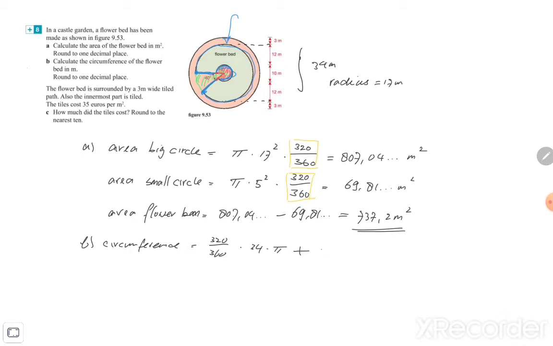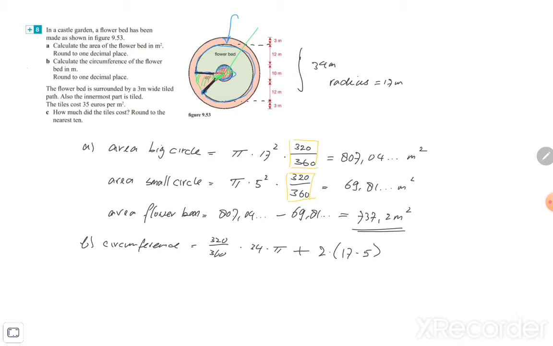So that's 2 times 17 minus 5. Now why 2 times? Because we have 2 of those lines. The radius was 17 meters. If we subtract that small radius inside my circle there, then it is just 12 meters left.